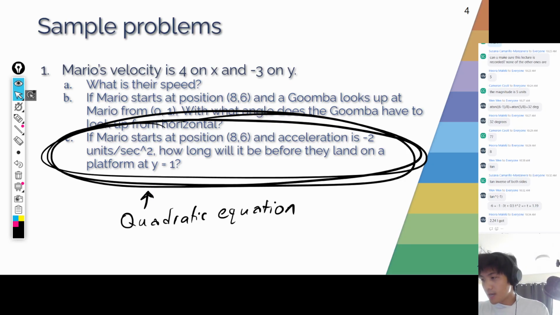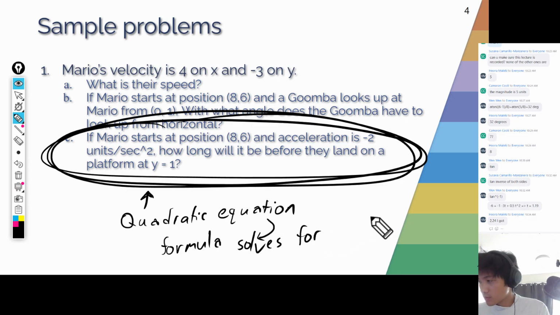And there is another tricky part, but we'll see. There is a quadratic formula, which is just the quadratic equation but rearranged, that solves for the variable.